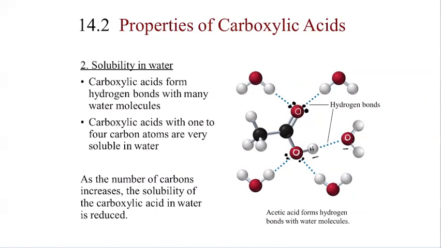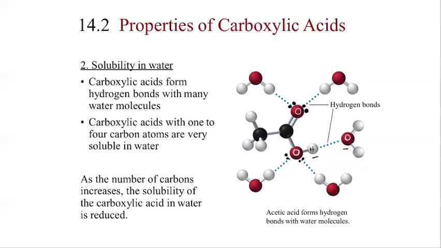Now, understand that there is a limit to the number of carbon atoms that you can have in a carboxylic acid in order for those carboxylic acids to be soluble in water. Carboxylic acids that have 1 to 4 carbon atoms are very soluble in water.